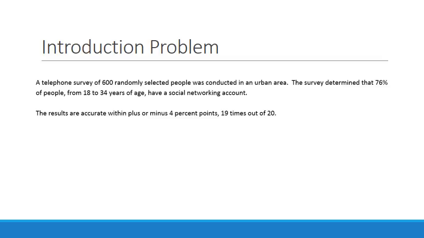So I want to read this little problem to you so that it'll help us understand some of the things I'm going to introduce here shortly. Here's just a kind of random, typical, made-up survey, but something that you would see, very similar to something you could see in the paper. A telephone survey of 600 randomly selected people was conducted in an urban area.